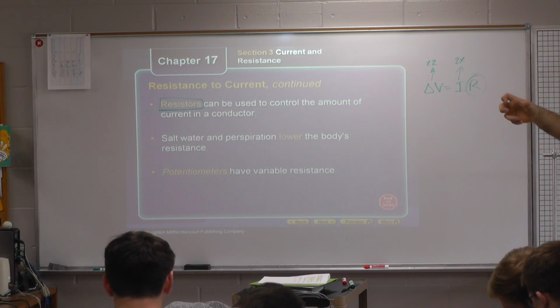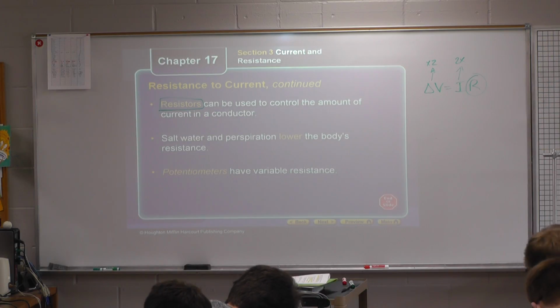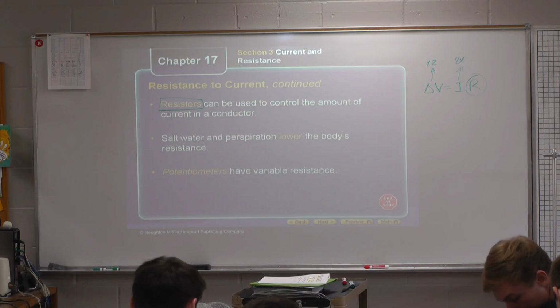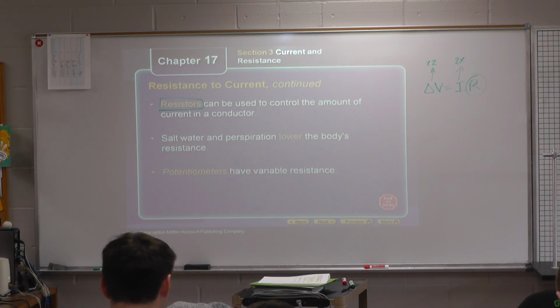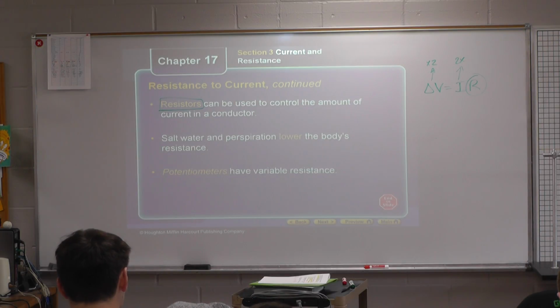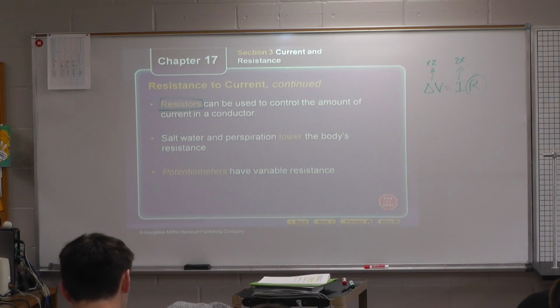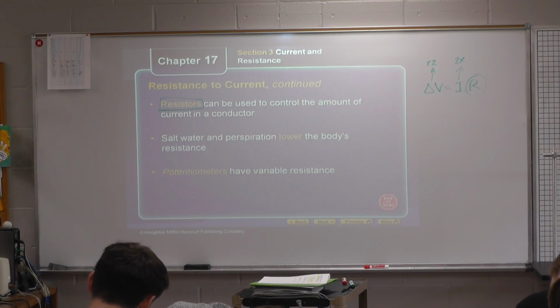We'll talk about that more next chapter. But a power source, like the power plant, gives you a steady voltage. They don't vary the voltage to your house. Most of it is either 120 volts or 240 volts. It's really difficult to have a power plant change the voltage for you, so instead you can use materials that have different resistance, which is going to change the current.